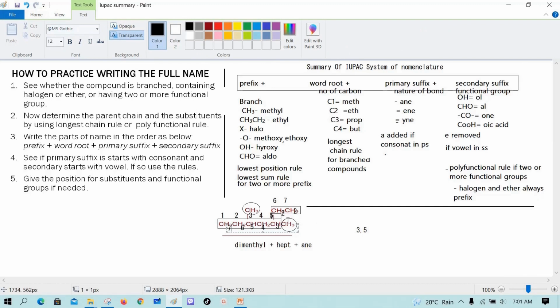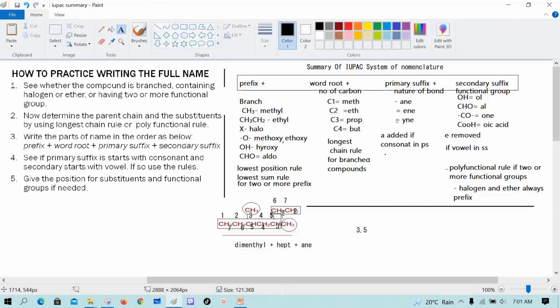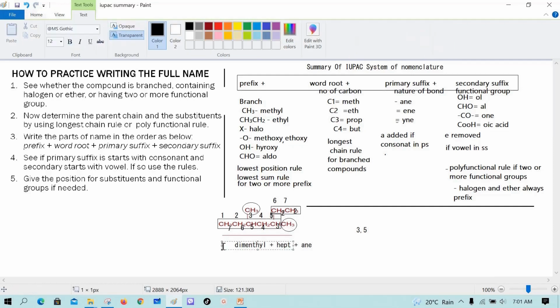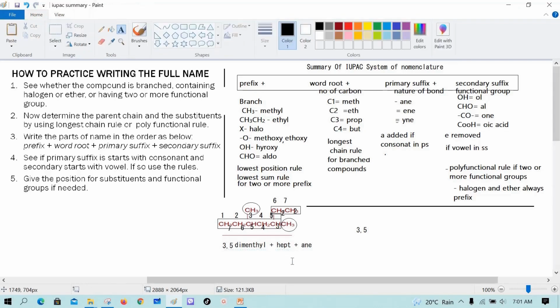Okay, 1 2 3. This should be 1. That means 3 and 5. So from either side, the CH3 groups will get the 3 and 5 positions. That's why 3 and 5 is the correct one. So that's why the name is 3,5-dimethyl heptane.